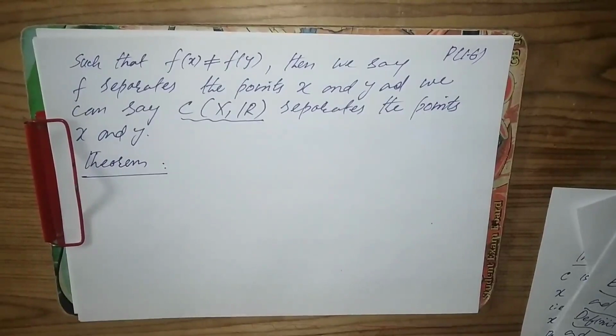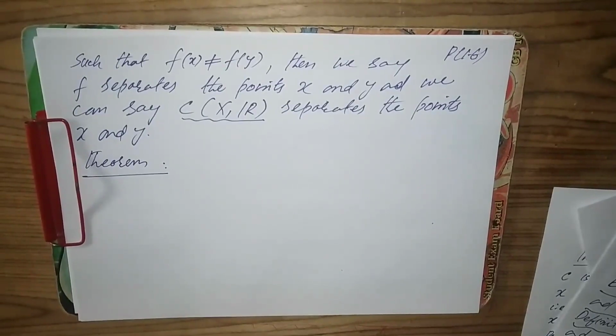It states that if we have a topological space X, and if any two points of X are separated by C(X,R), then X is Hausdorff. It's a T2 space.